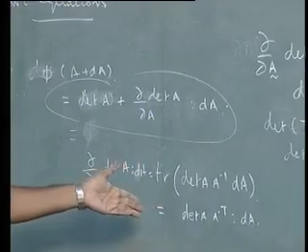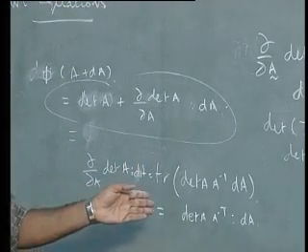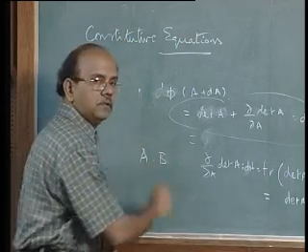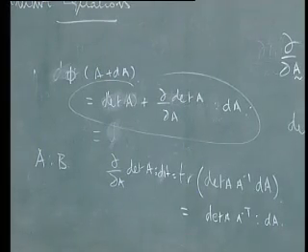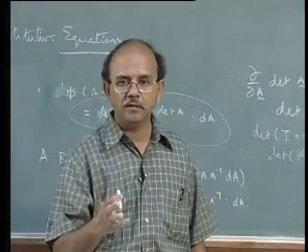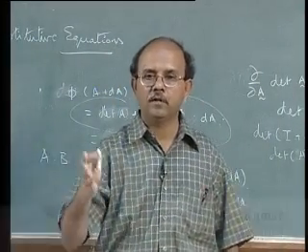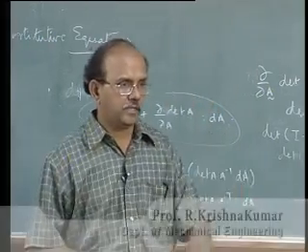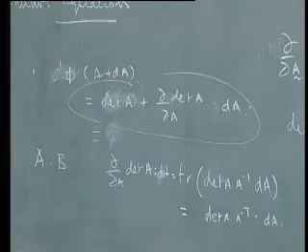We had done that yesterday. A double dot B is the trace of A transpose B. This is equal to B double dot A, the trace of B transpose A, and so on. We did that in the last class.